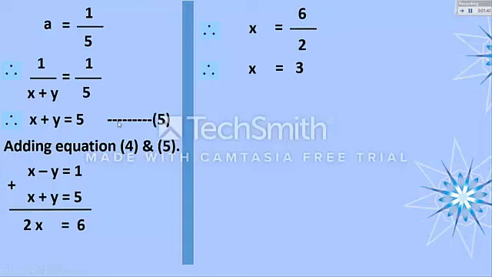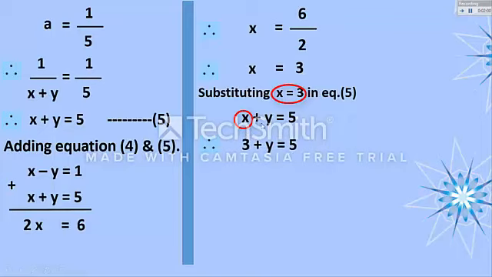Now we substitute the value of x in equation 5. Substituting x is equal to 3 in equation 5, we get 3 plus y is equal to 5. Taking plus 3 to the RHS, it becomes minus 3.